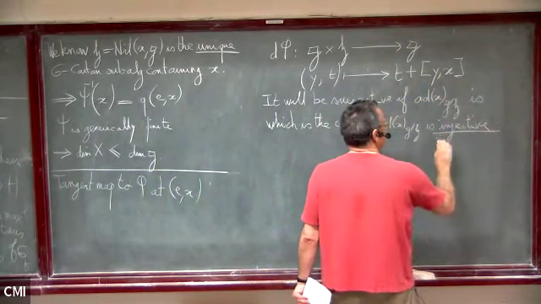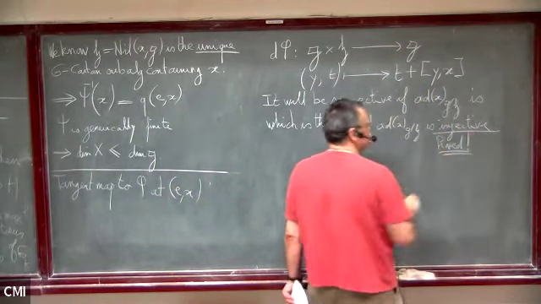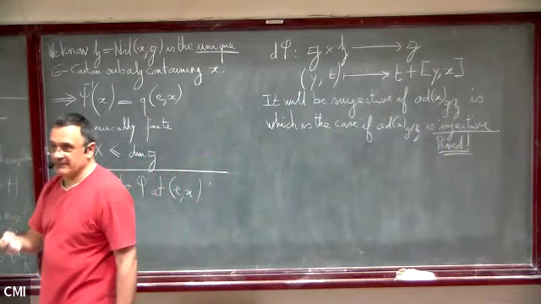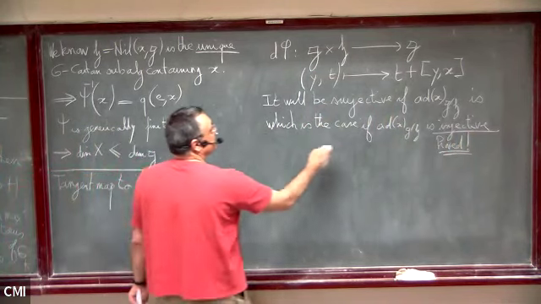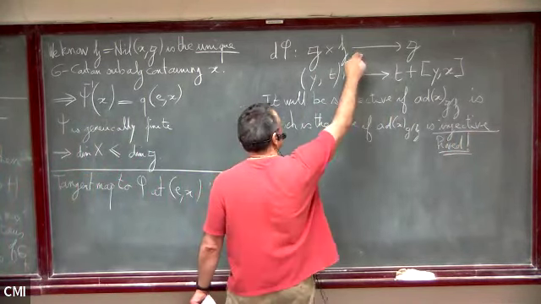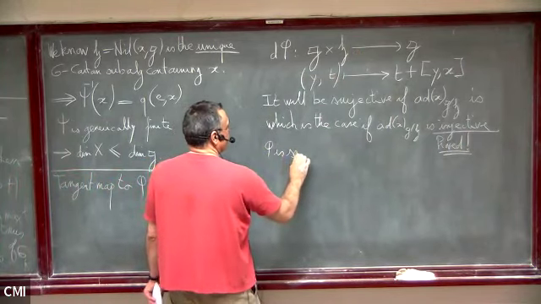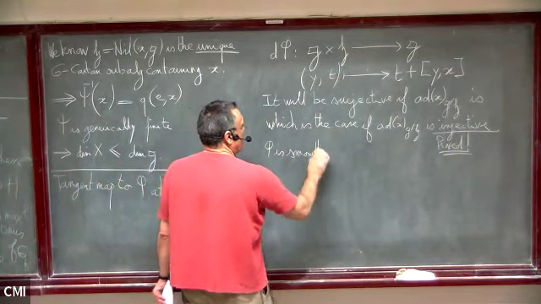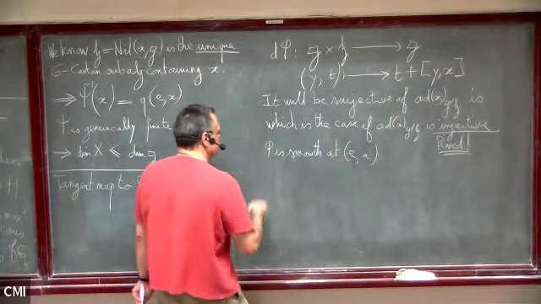But this we proved. We proved that for a regular element, the adjoint action on the quotient is injective. And so this one is surjective, and so phi is smooth at the point (e, X).